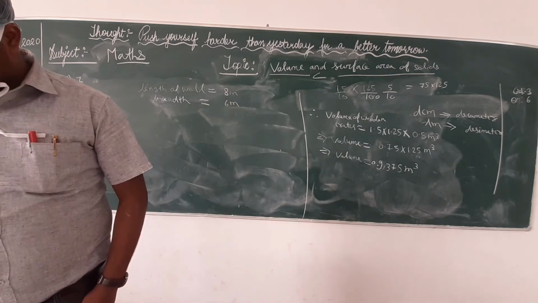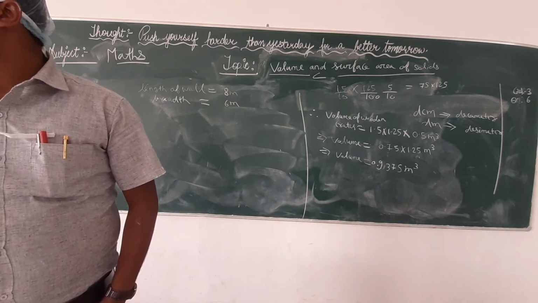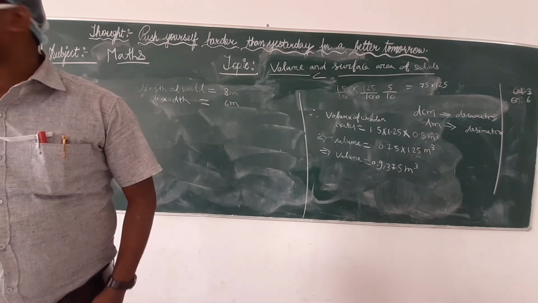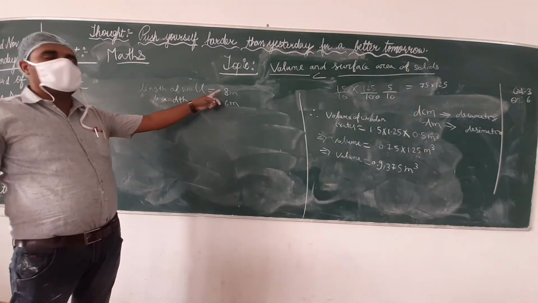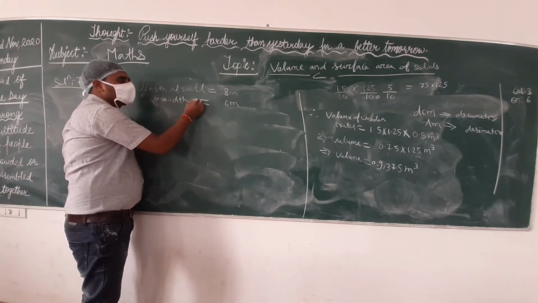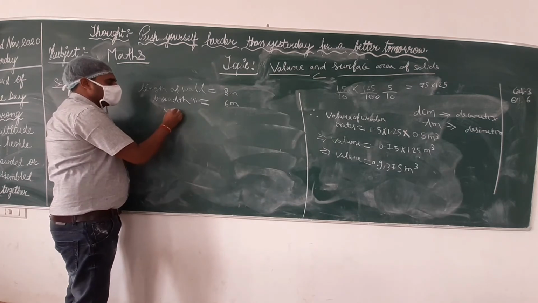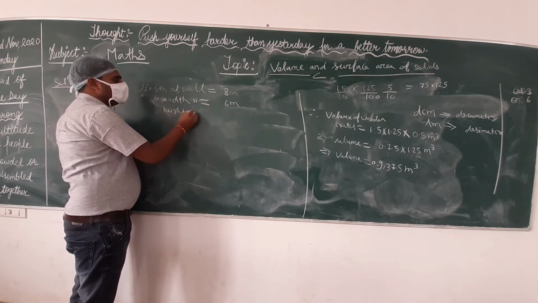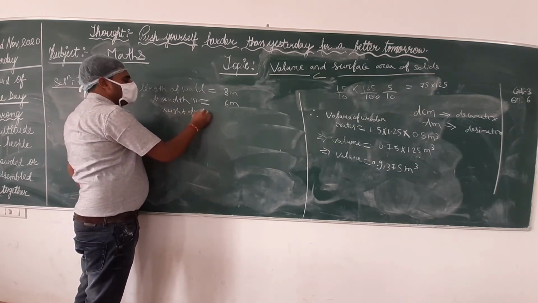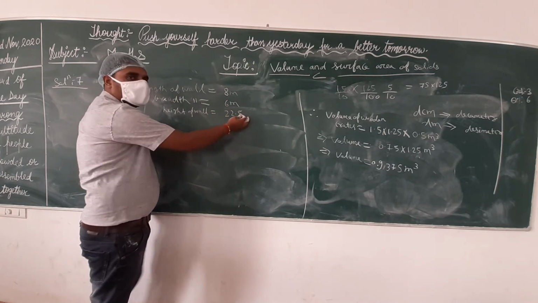You see that the length of the wall is given as 8 meter, the breadth of the wall is 6 meter, and the height given is 22.5 centimeter.